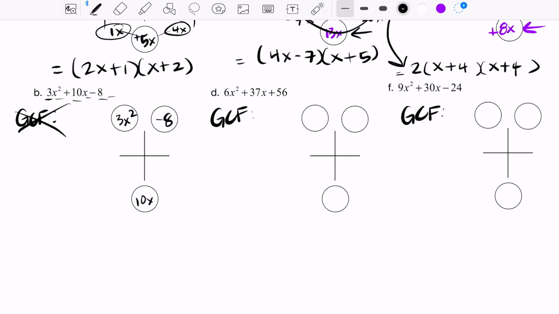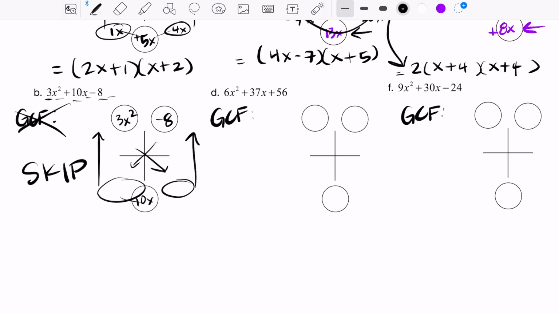If you look at the actual notes, it will have what the t-chart is if you need that extra help. But I think we get the pattern. Left, up and down right, up and down left, crisscross, and then those two have to add to the middle, okay? This one right here, 6, 37, and 56.